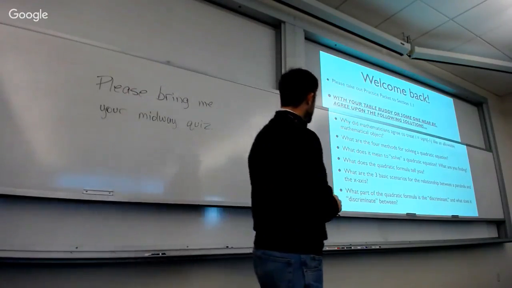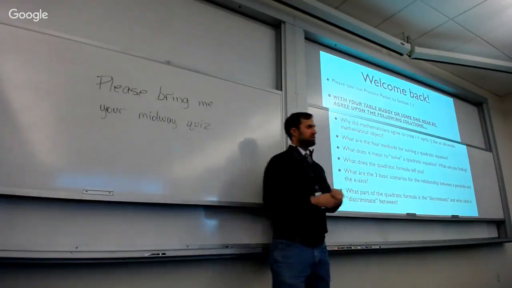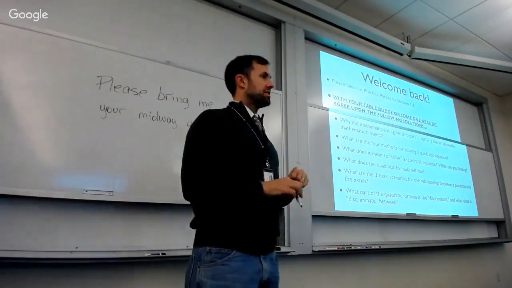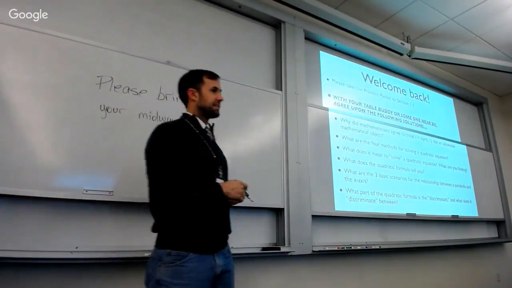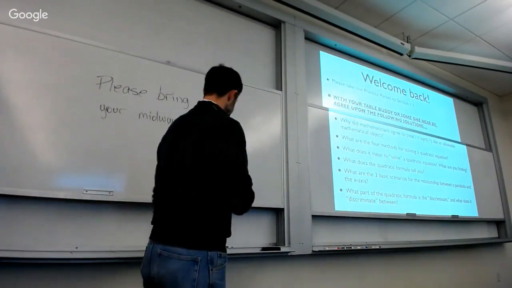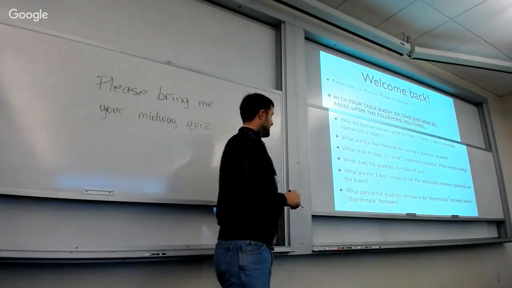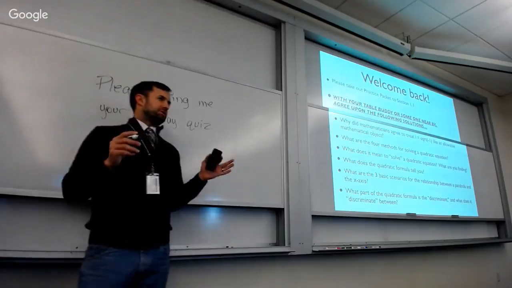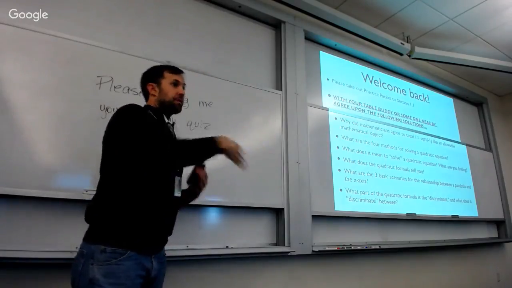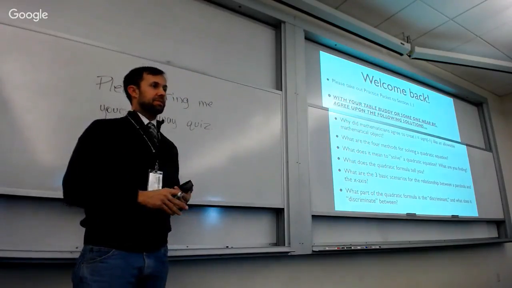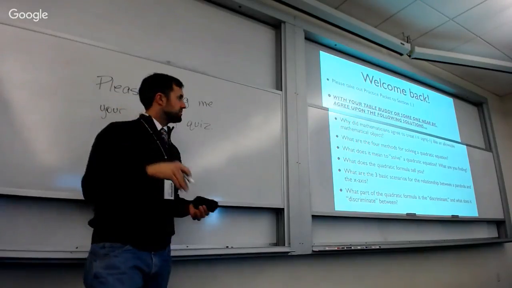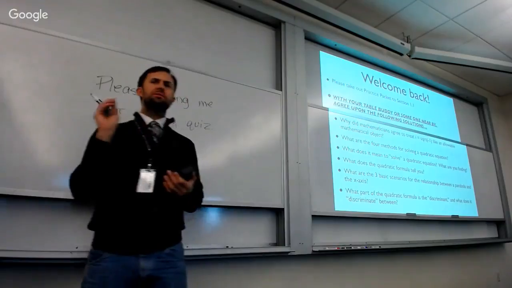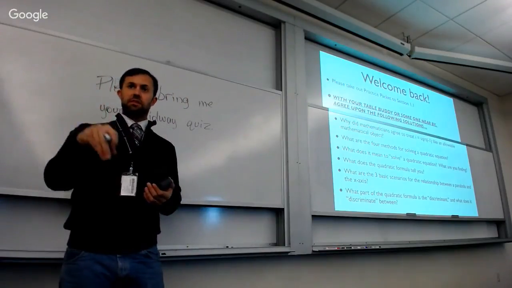Okay. What does it mean to solve a quadratic equation? Diego, what do you guys think? Find out if it's true. Well, that's certainly true. All equations, we want to find out if it's true. We want to find what number to plug in that would make it true. Yeah, that's absolutely correct. And in terms of a quadratic equation, or really any equation, what are those numbers that make the equation true?